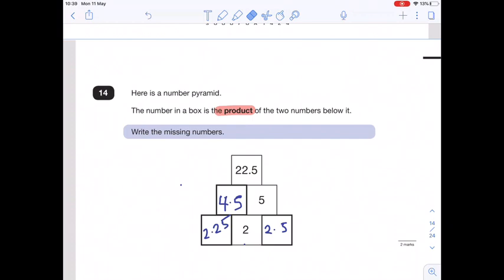So just to recap, this times this gives you this. 2 times 2.5 equals 5. That's how you work these two out. And it's the same for all the others. So 2.25 times 2 gives you 4.5. And then 4.5 times 5 gives you 22.5.